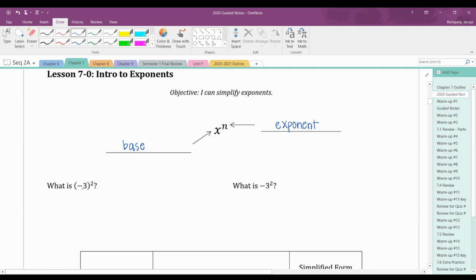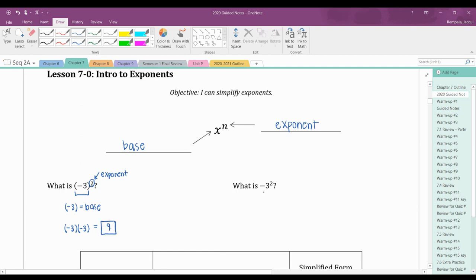So because this -3 is in parentheses, this entire thing right here, (-3), is my base. And so this 2, which is my exponent, tells us that I need to take that base of (-3) and write it out twice. So when I multiply that, -3 times -3 is going to give us +9.